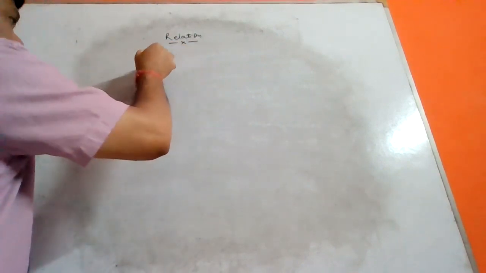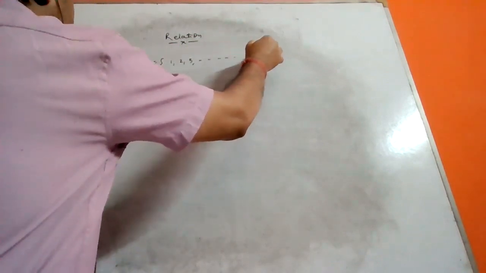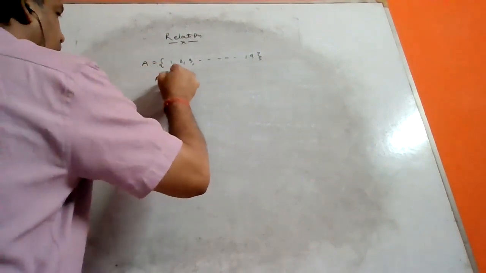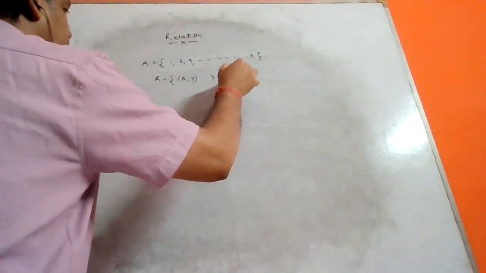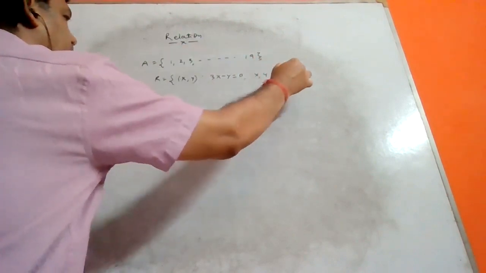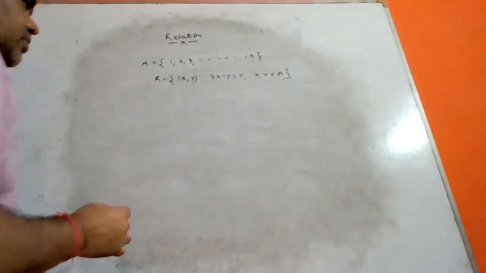For example, set A elements are 1, 2, 3 up to 14. This is set A. And now a relation is given: R = {(x, y) such that 3x - y = 0}, where x and y belong to set A. They asked to find the domain, codomain, and range.